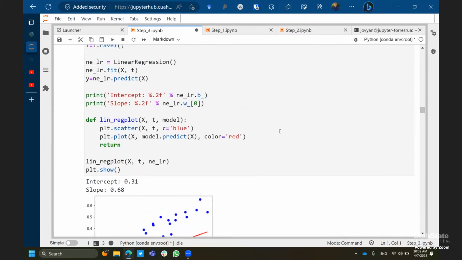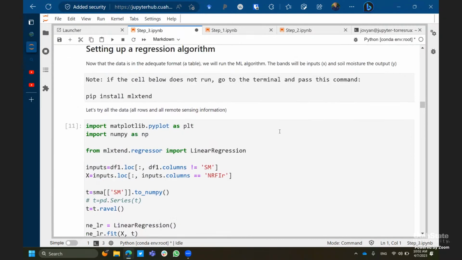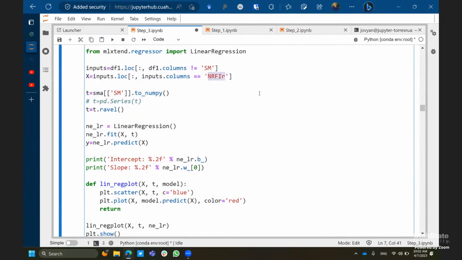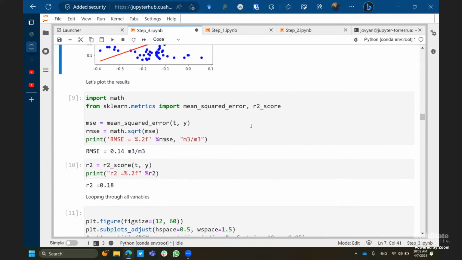Okay, so using those 17 variables, no, sorry, using one variable, here I'm using this vegetation index, I get a bad correlation. If I try to get the root mean square error and the coefficient of determination, this value is already too high of an error.